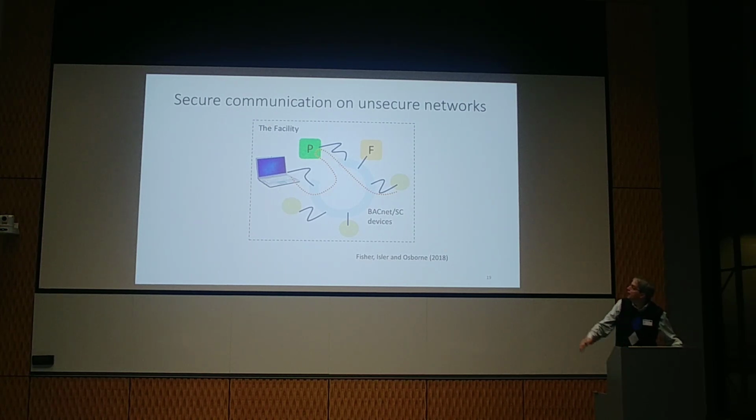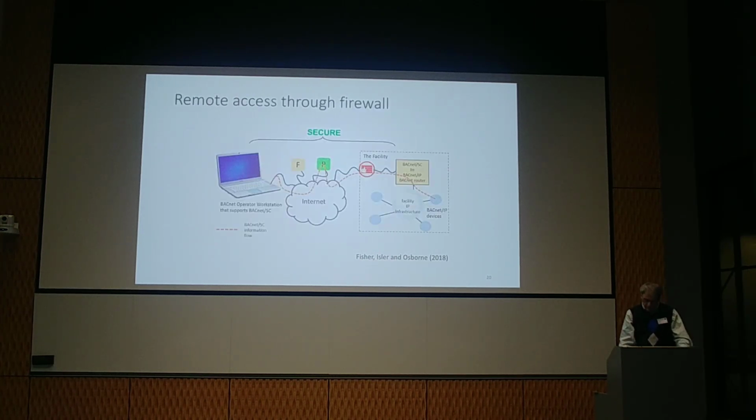In this case, you might put the primary and failover hub on the same unsecured network as well as your BACnet SC devices, and everything should talk to each other if they have the right certificates. So this is the most basic, but one can imagine some more complicated scenarios.